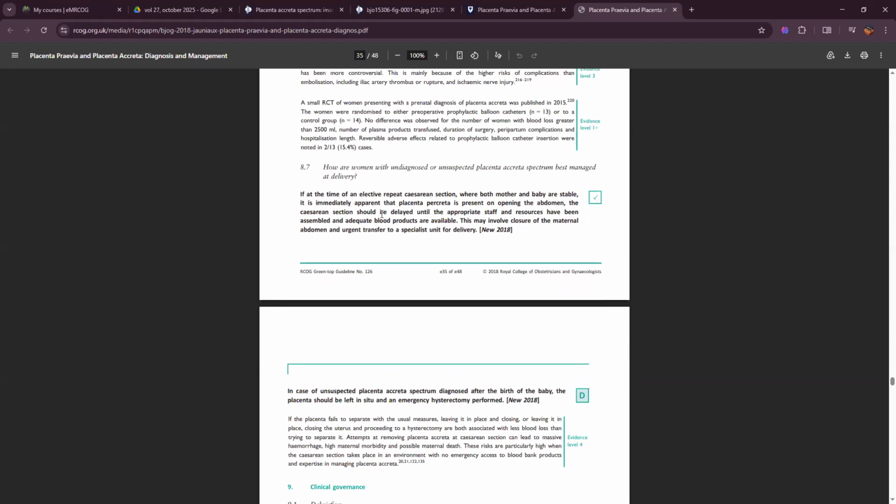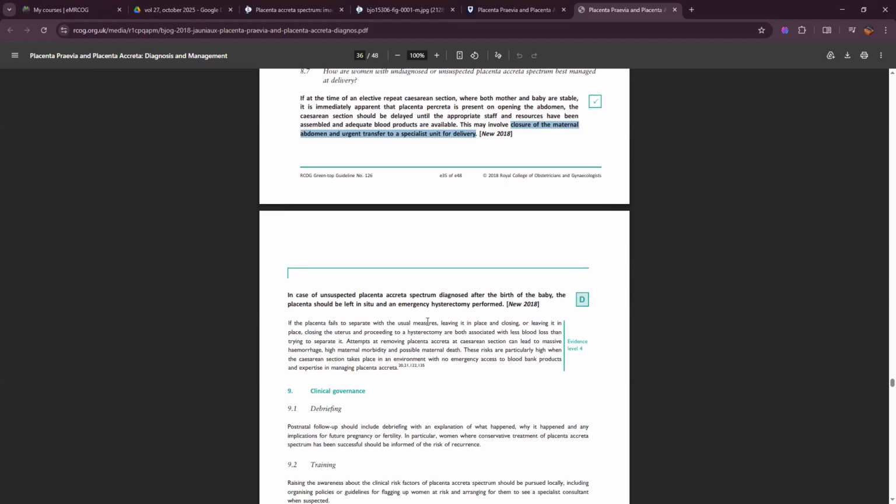The cesarean section should be delayed until appropriate staff and resources have been assembled. Adequate blood products are available. So, closure of the maternal abdomen and urgent transfer to a specialist unit. Okay, if suspected accreta, which is not previa, accreta, which means that I tried to deliver the placenta and it's not coming out. The placenta fails to separate with the usual measures.